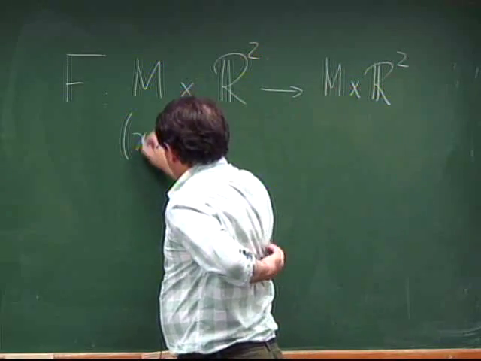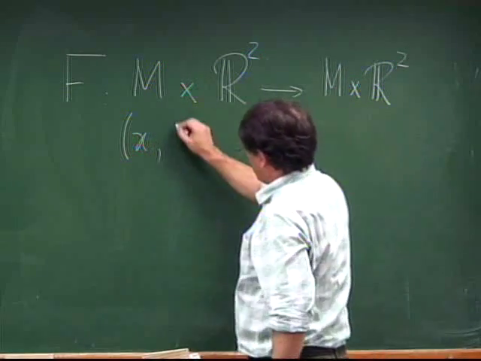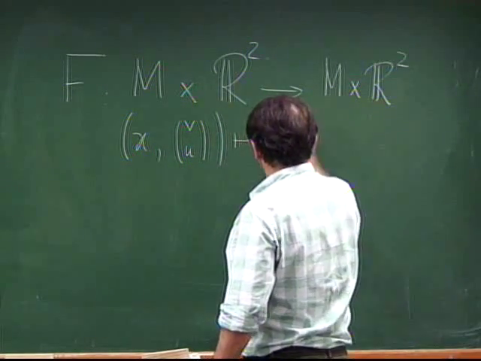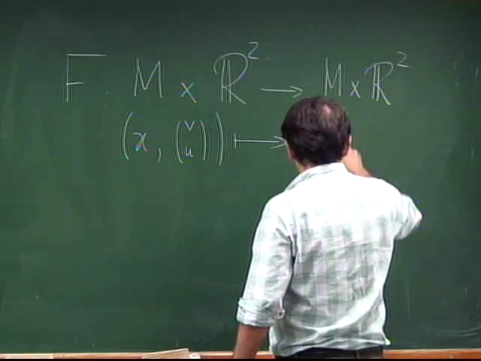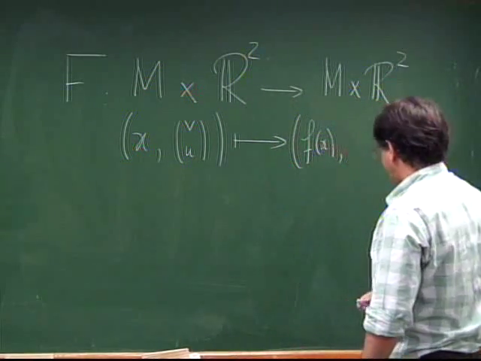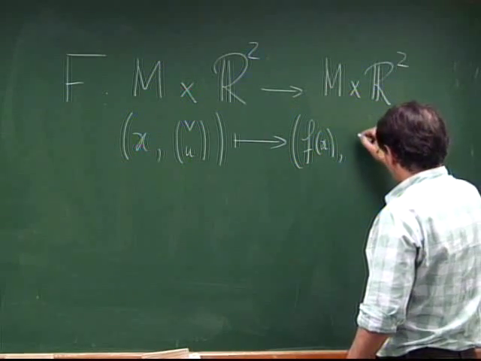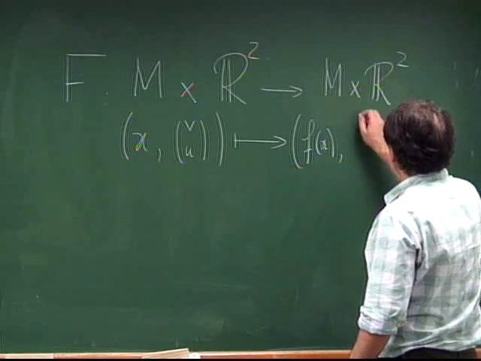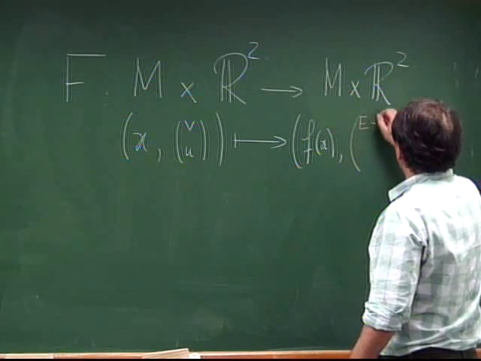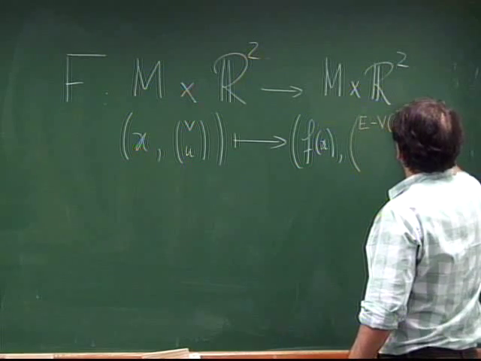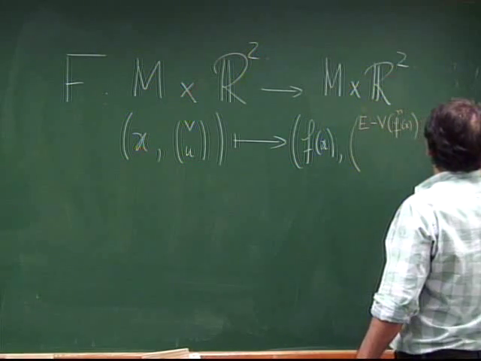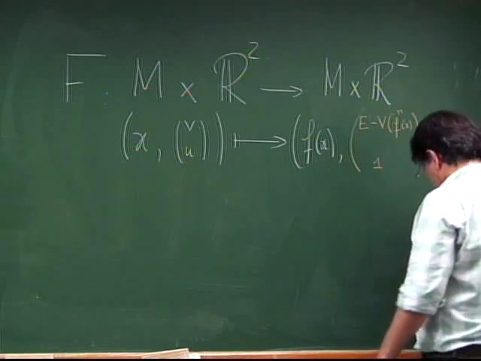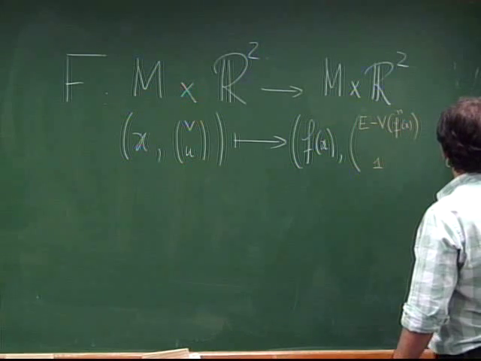Defined by x, and then a vector in R2 I represent as (v, u), goes to f of x, and then the matrix, which I'm going to write in color, (E minus V(f^n(x)), minus 1; 1, 0) applied to (v, u).